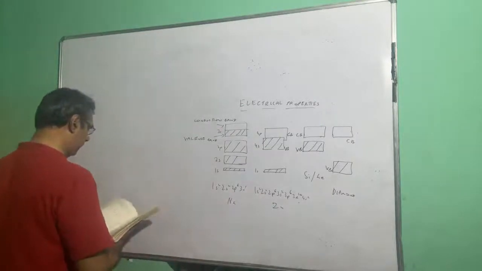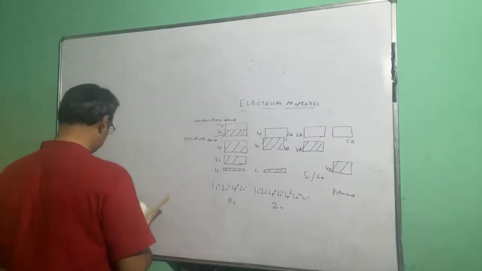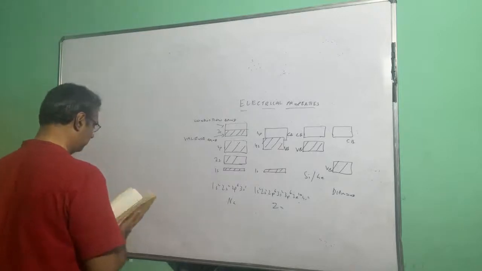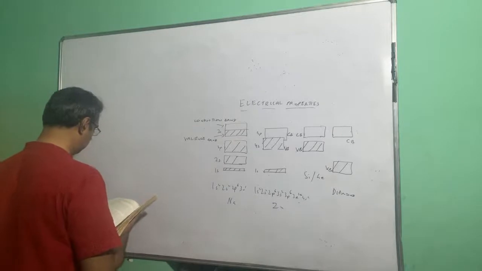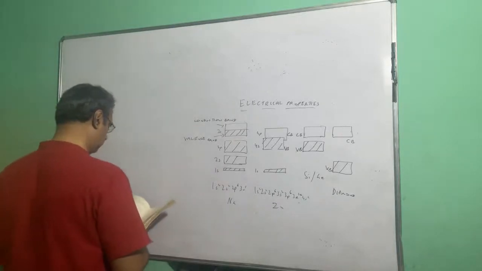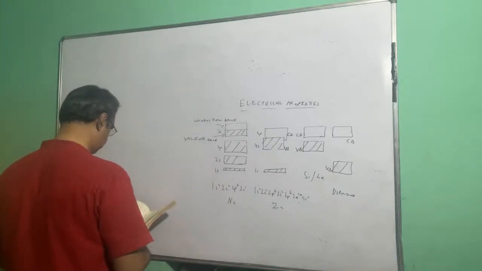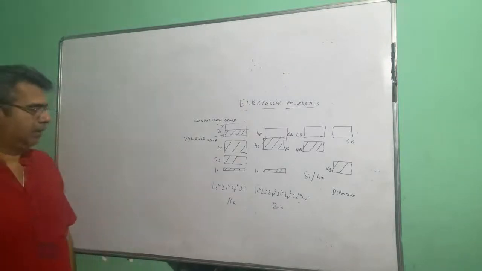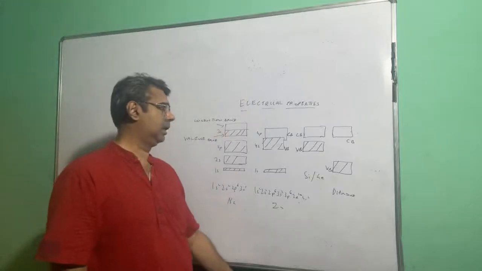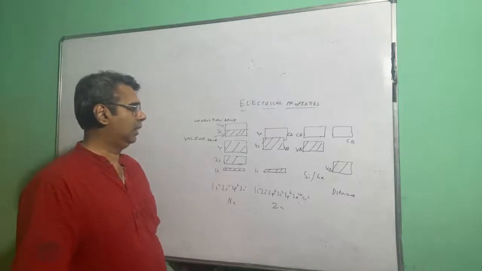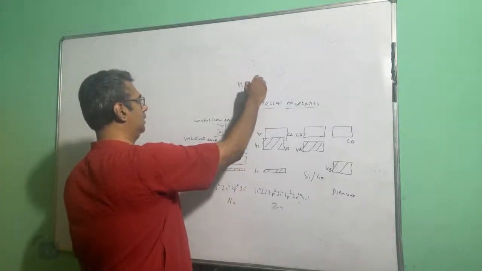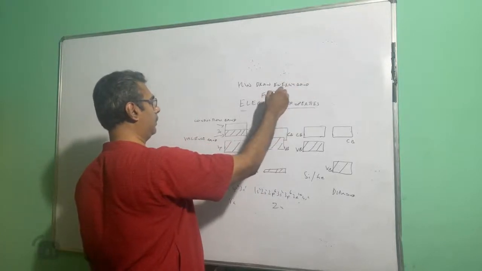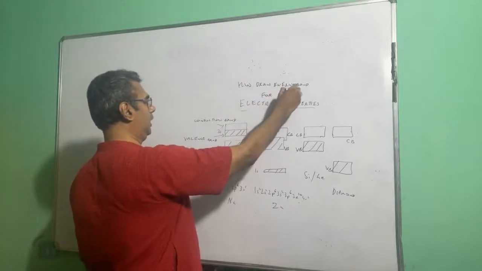So this is our topic for today, and based on this topic which we have done, your homework is to draw the energy band diagram for potassium and copper.